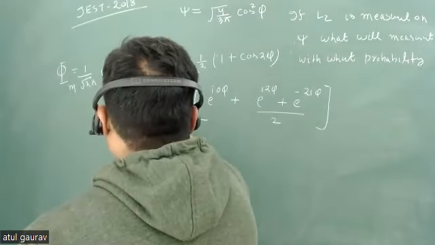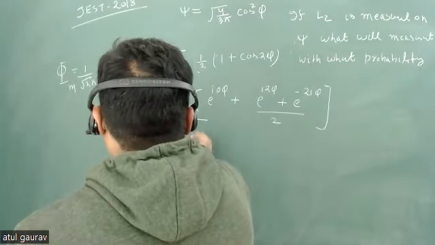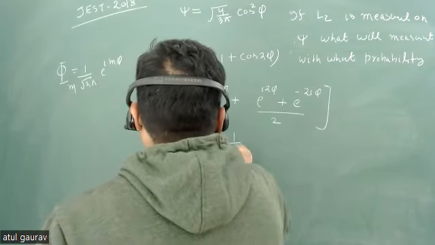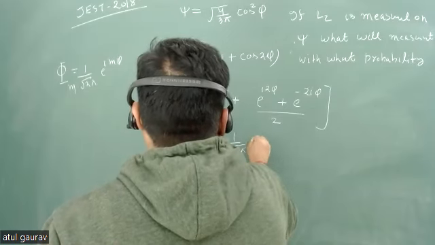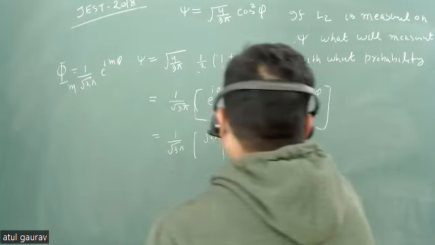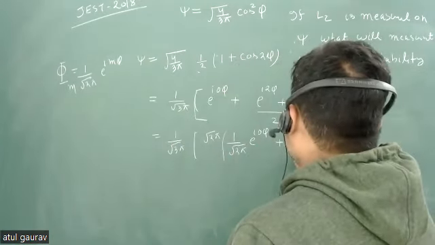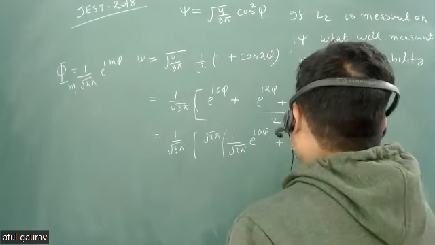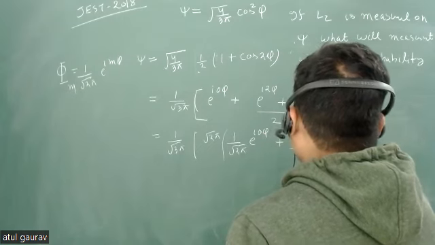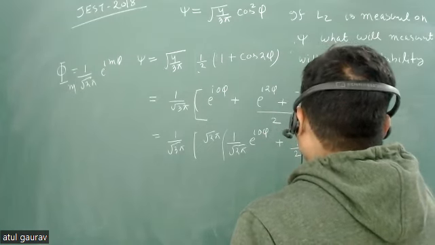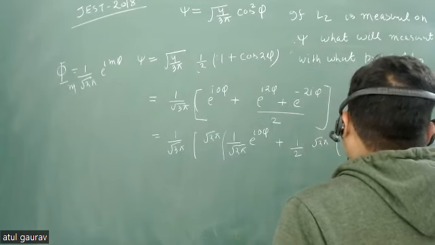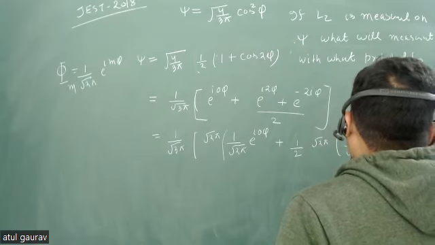So when we are taking care of normalization, then what will happen? This is 1 upon root 3 pi, and now you can multiply with root 2 pi and divide with root 2 pi, and this is e to the power i0 phi, plus 1 by 2 is there. You multiply with root 2 pi and divide with root 2 pi, e to the power i2 phi, plus root 2 pi e to the power minus 2i phi.